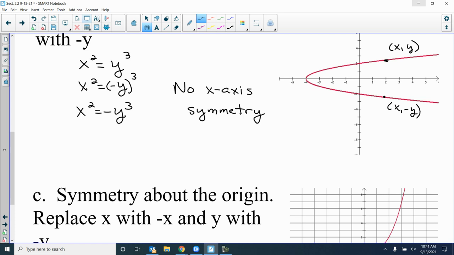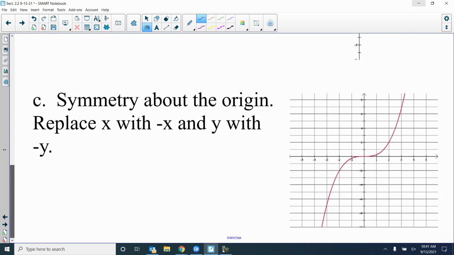And now for the last case. Sometimes people think if it already has x and y axis symmetry, it has symmetry about the origin. You just got to be careful. I already said this graph has neither x nor y axis symmetry, so don't assume it's yes or no. For this one, we replace x with negative x and y with negative y.